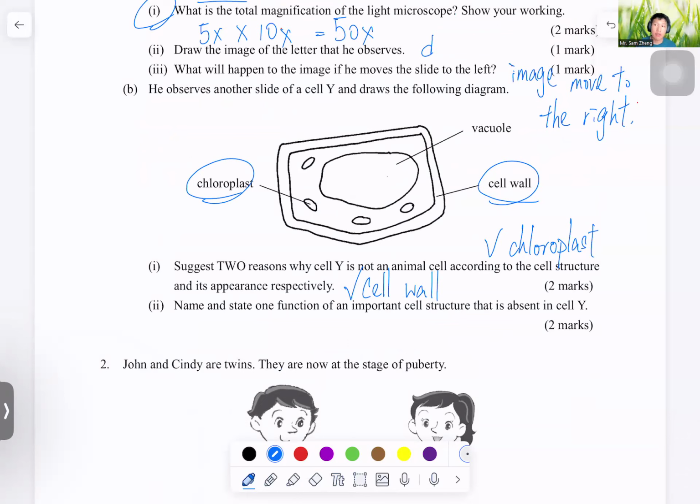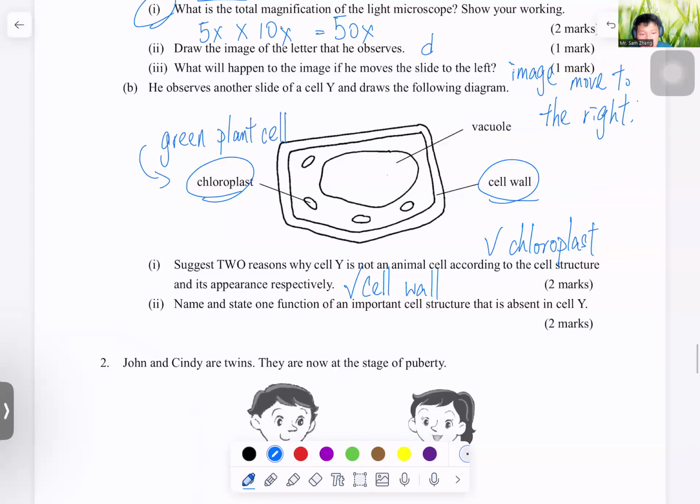And we notice that for plant cells, only the green plant cells will contain the chloroplast, while the other plant cells would not contain the chloroplast. So with these two structures, we can identify that it is not a type of animal cell.